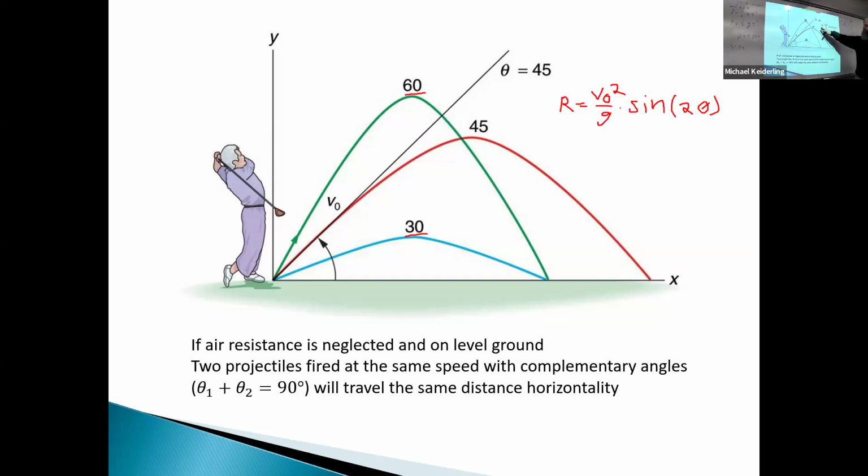And this is actually a consequence of this equation, because it turns out if you have two angles that add up to 90 degrees, the sine of twice that angle will be the same for both of them.